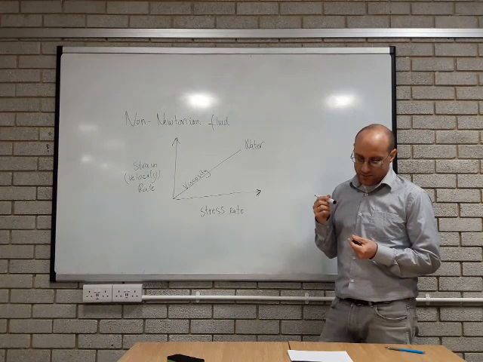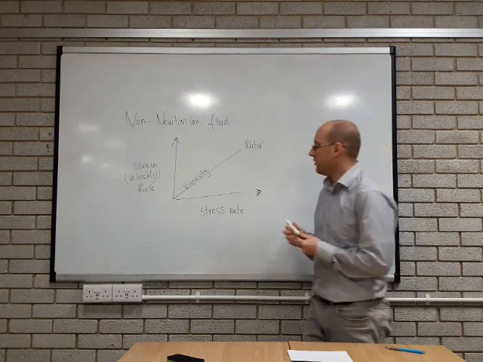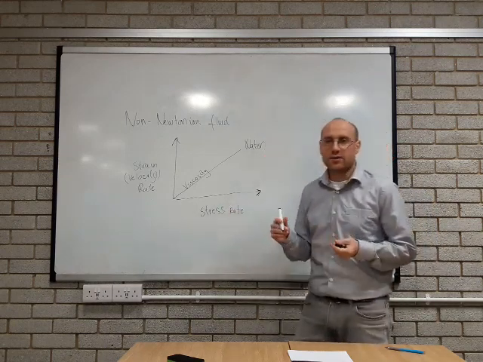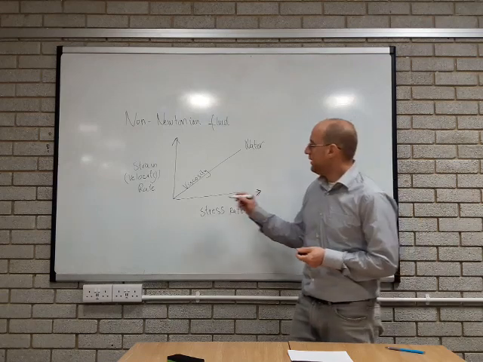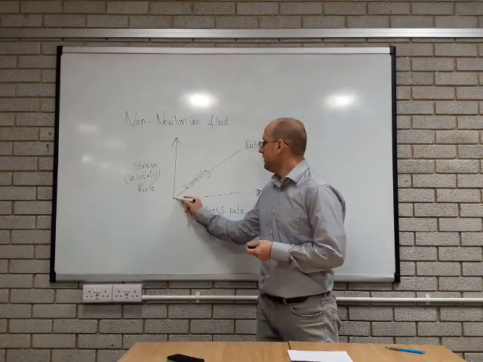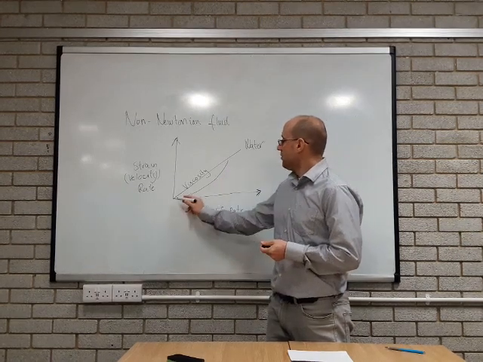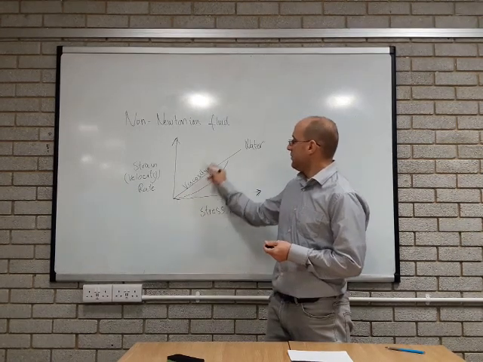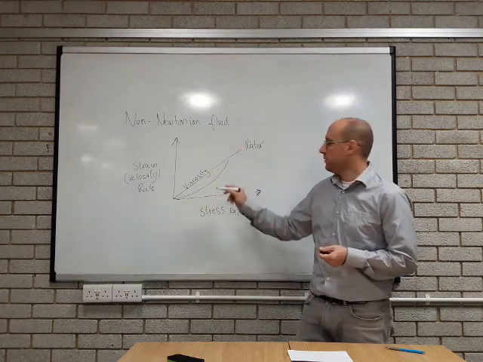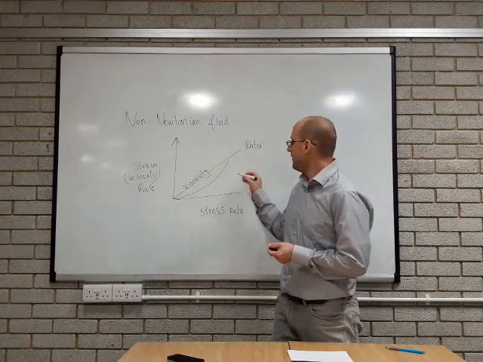Now, if we think about other materials like blood or paint, we can say that in some cases, and I'm just going to draw this as a curve here, but it can of course be different depending on what material we're speaking of.